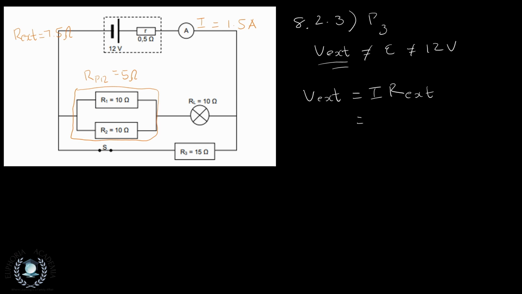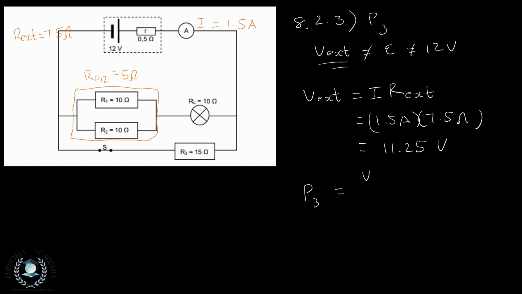We already know our current as 1.5 amps and our external resistance as 7.5 ohms, and when we multiply those together, we get a V external of 11.25 volts.